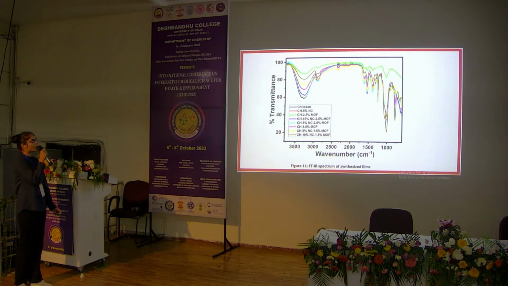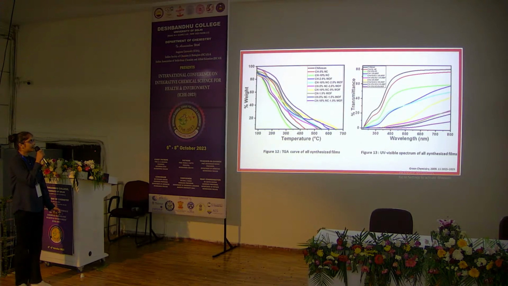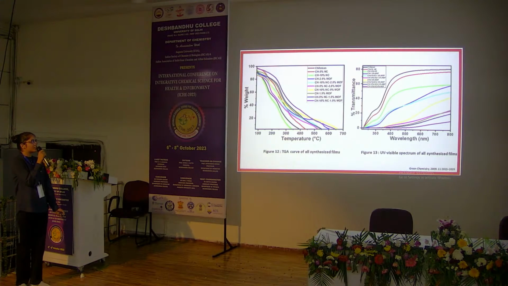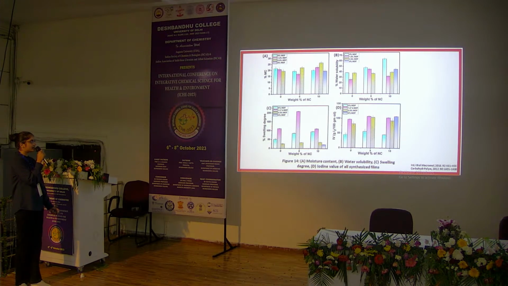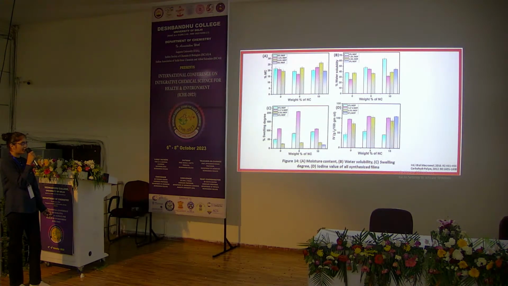That's why we can say the OH functional groups were interacting through hydrogen bonding of nanocellulose and MOF, and the stability was enhanced after the incorporation of the MOF in the chitosan film, and the UV percent transmittance also decreased after the incorporation of nanocellulose and metal organic framework. Moisture content, water solubility, and swelling degree also decreased after the incorporation of the nanocellulose and metal organic framework in the film. Last minute.